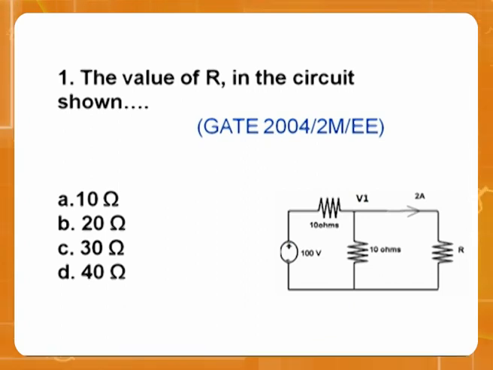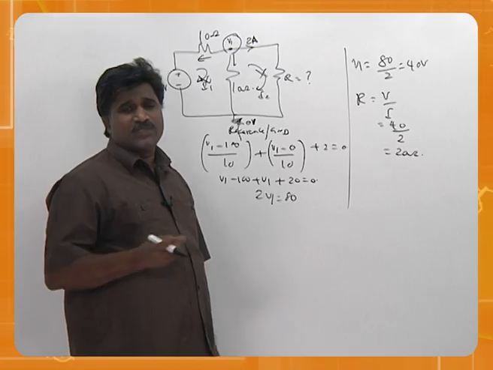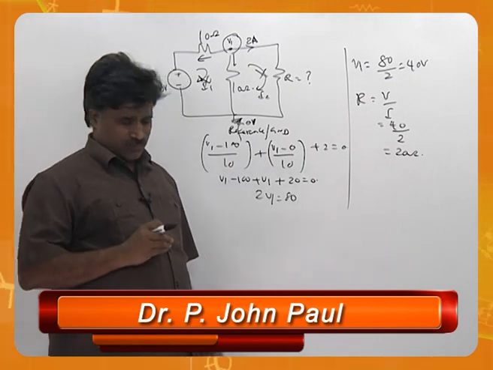You can also see the solution here. Whatever we have worked out, you can also see here. So this is to make you understand. The answer is option B. This is the first problem I have taken to make things very simple, and this is the analysis that we do.